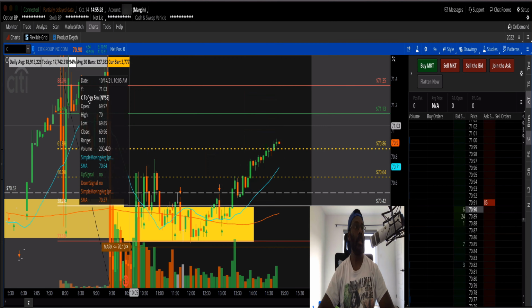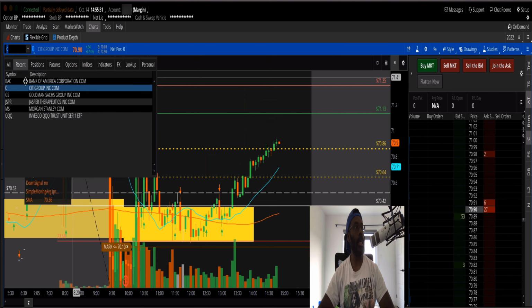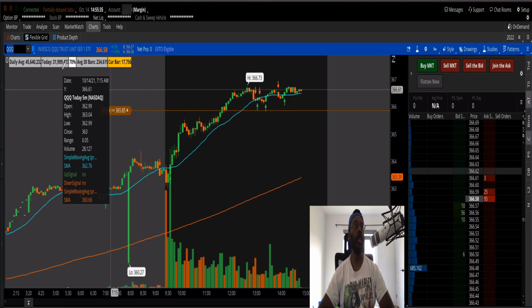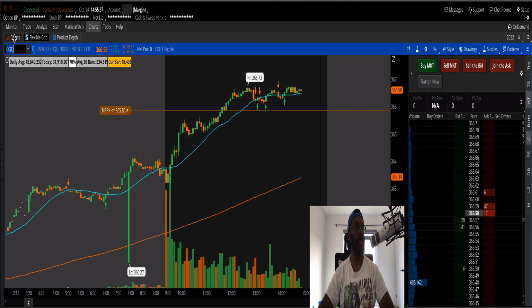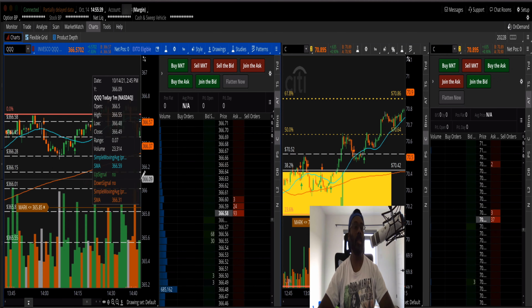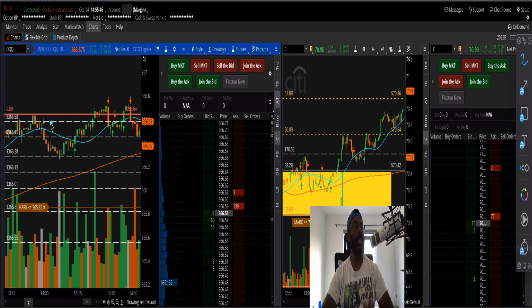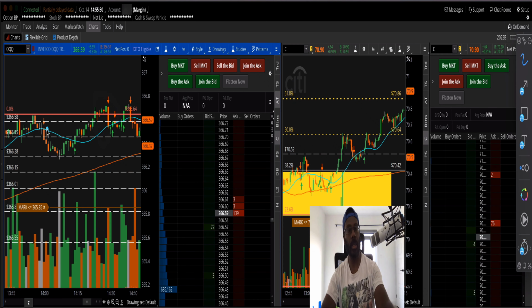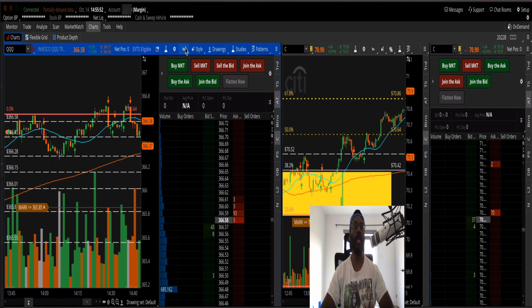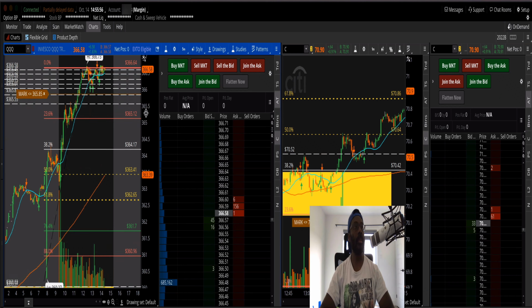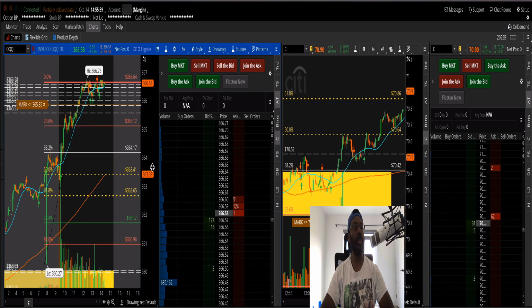Let's come over here to QQQ. Let's bounce over here so that you see what I have. So the QQQ right here, this was the trade where, after it hit the high, I said to myself, right around this area, let's go to the 5-minute chart, so that you see it.